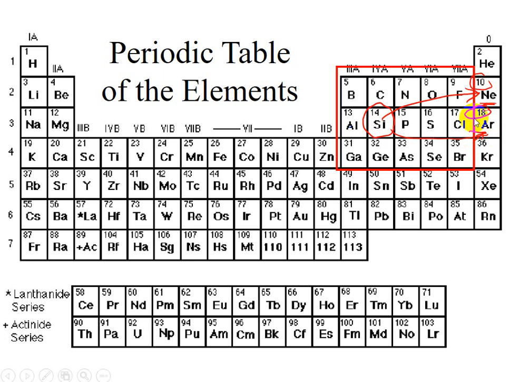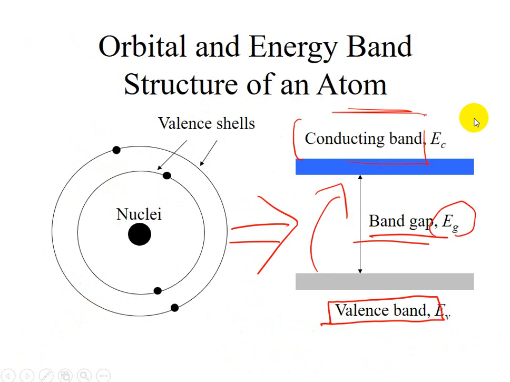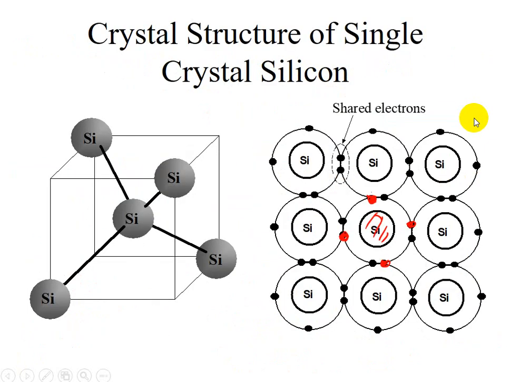So for silicon, either drop 4 electrons or capture another 4 electrons to form the neon or argon structure, and it becomes a stable atomic configuration. Coming back to the silicon configuration, the silicon's outermost electron shell has only 4 electrons.